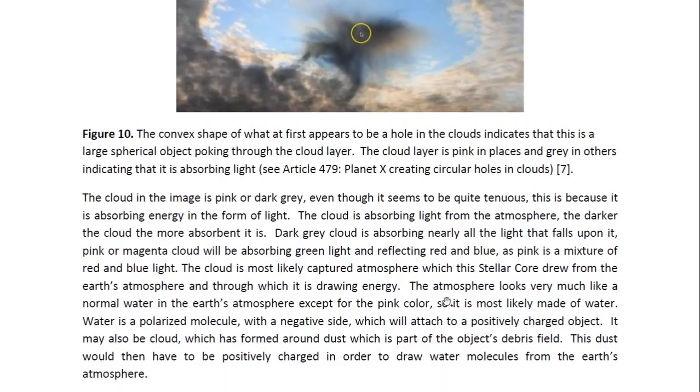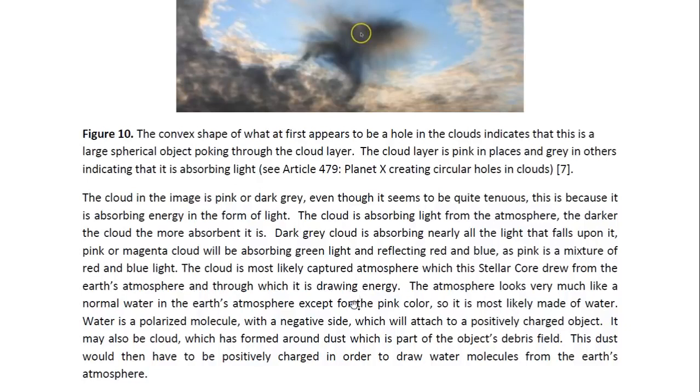So the cloud in the image is pink or dark gray, even though it seems to be quite tenuous, quite diffuse here. And so this cloud is absorbing light, and this is why it's gray. The darker the cloud is, the more absorbent it is, the more light it is absorbing. Dark gray cloud is absorbing nearly all the light that falls upon it.